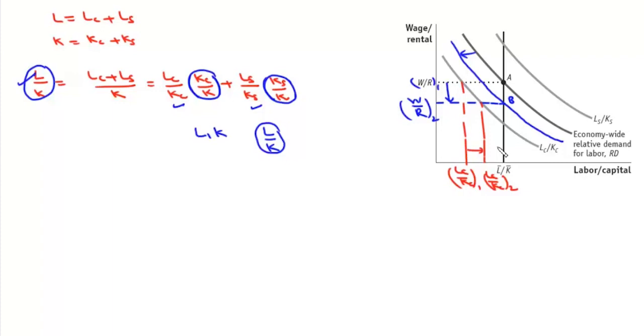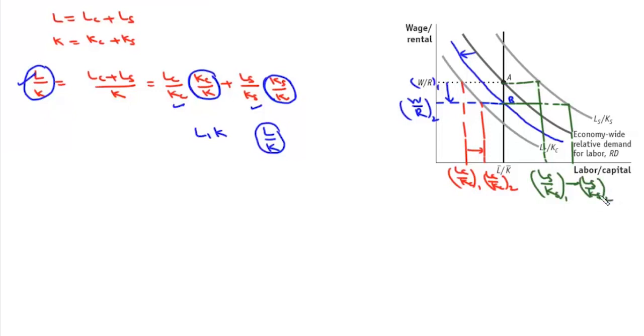And the same way, if we look at this ratio in case of shoes, then previously it was at this point and now it will be at this point. So for shoes also, LS upon KS is going to increase from LS upon KS1 to LS upon KS2.